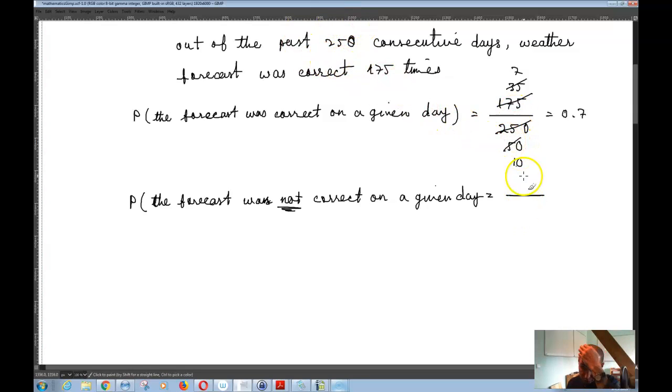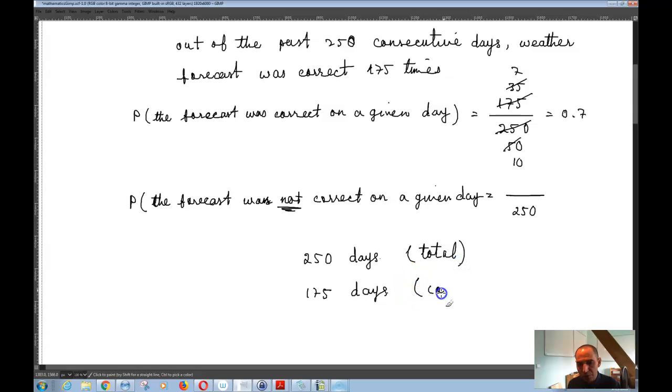Total number of days is still 250. And we had 250 days, and on 175 of these days the weather forecast was correct.